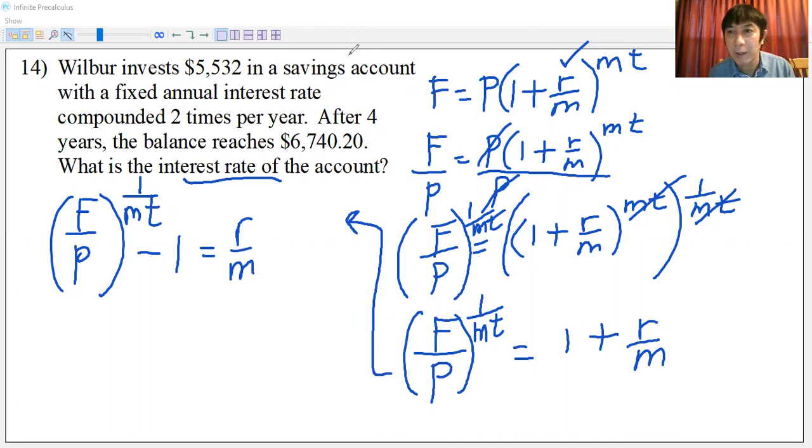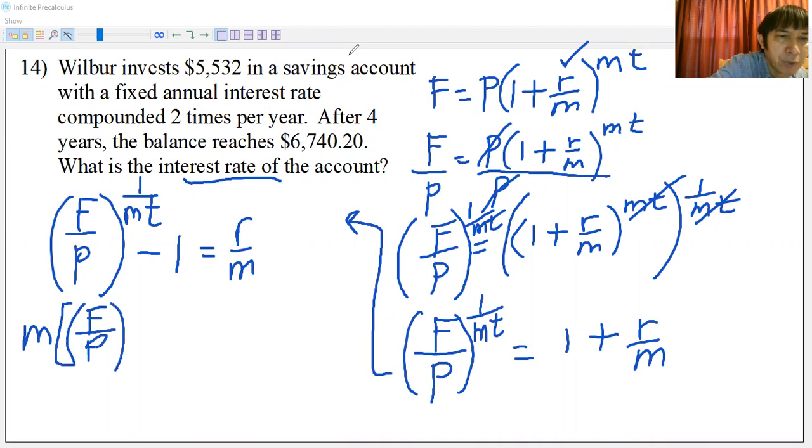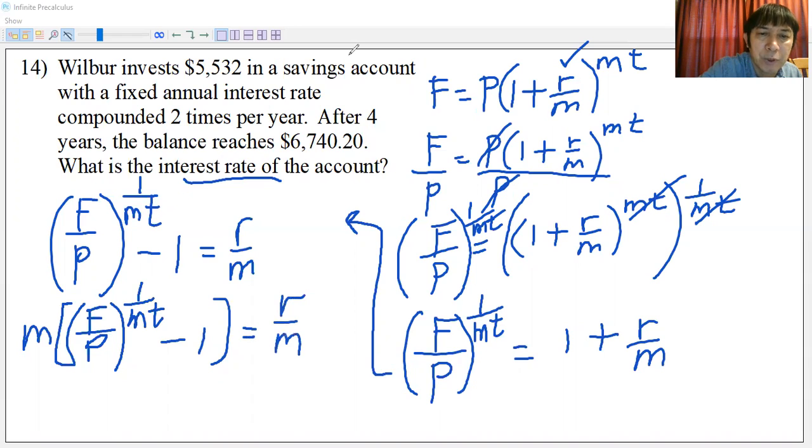We only need to multiply by the M. If we multiply this by M, we will have M times the entire quantity F over P raised to the power 1 over MT minus 1, the entire quantity at the left side multiplied by M. Now, this will be equal to R over M. Multiply this by M also, and this cancels out.